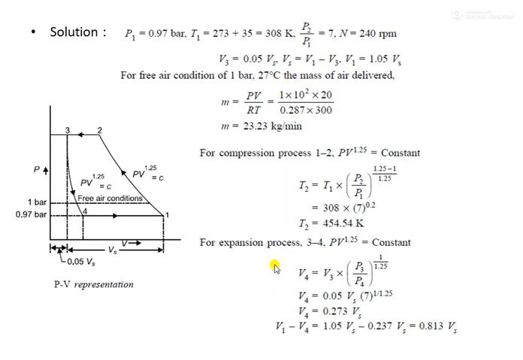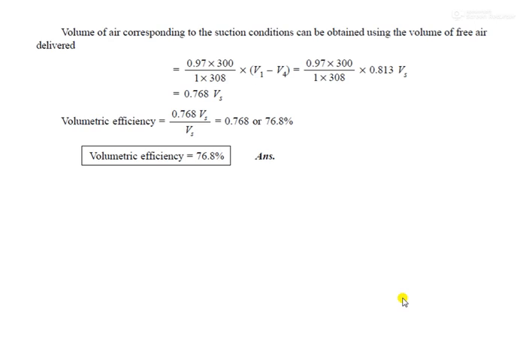And we have seen that the volume during suction was V1 minus V4, that is 0.813 times the swept volume. We'll be converting that volume into the free air conditions, at 1 bar and 27 degrees centigrade.